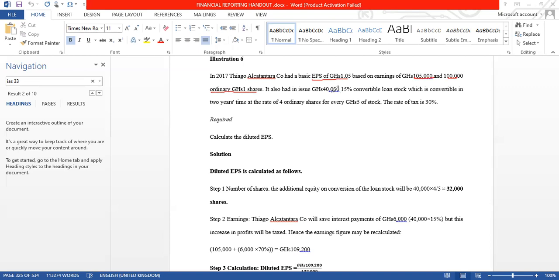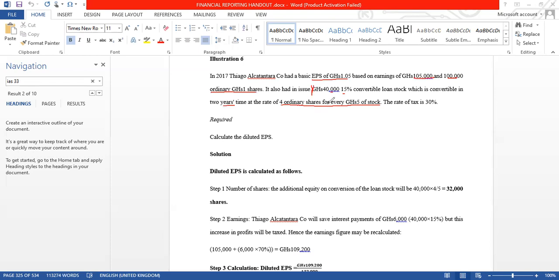It also had an issue, and this is where it comes from, the convertibles. 40,000 15% convertible loans, which is converted in 2 years' time, all right, at the rate of 4 ordinary shares for every 5 Ghana cedi of stock, all right, and you have your rate of tax, all right. So that is what happens.